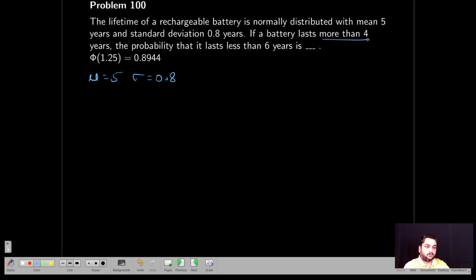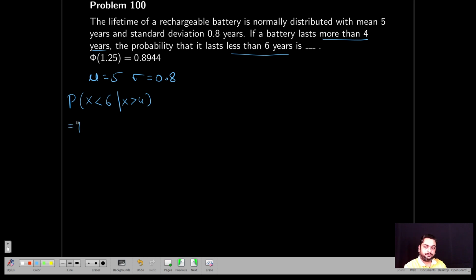Given that it lasts more than 4 years, it lasts less than 6 years. If it was an exponential distribution, you would have applied the memoryless property. Normal distribution doesn't follow the memoryless property, so I cannot ignore the conditional probability. What I am to ask is P of x less than 6 given x is greater than 4.